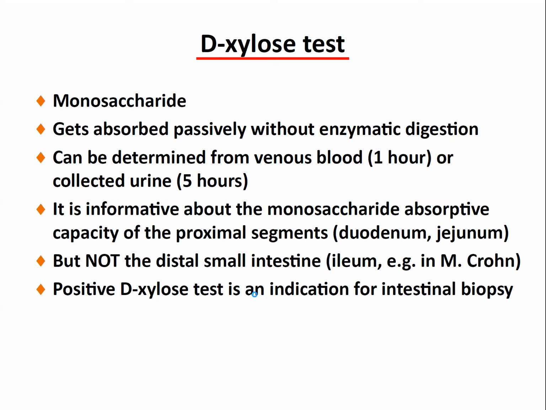D-xylose usually can be absorbed in the small intestine, but not in the colon, for example, and not in the distal small intestine. So in Morbus Crohn disease, for example, it cannot be.